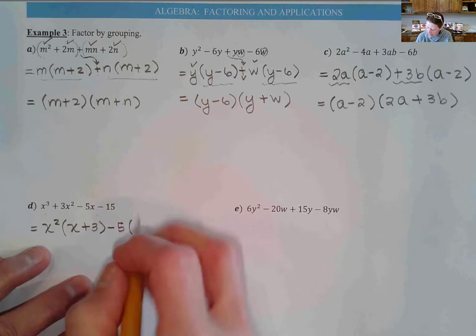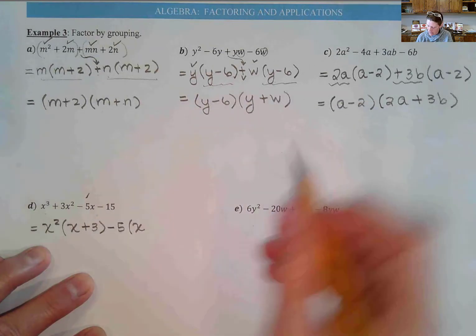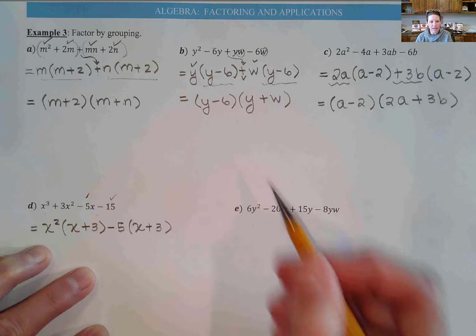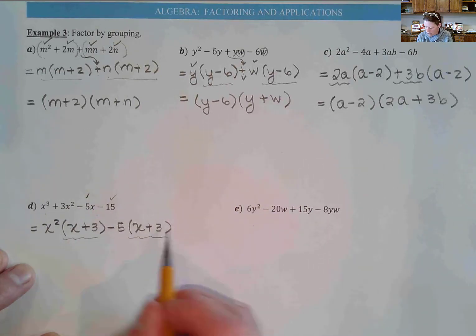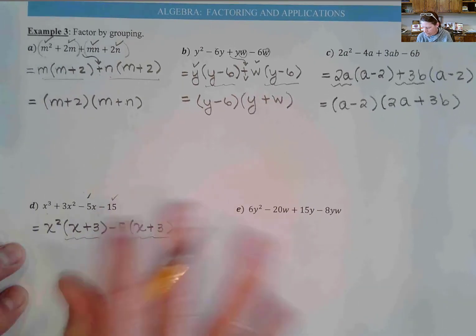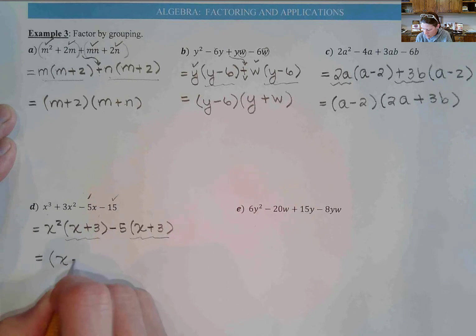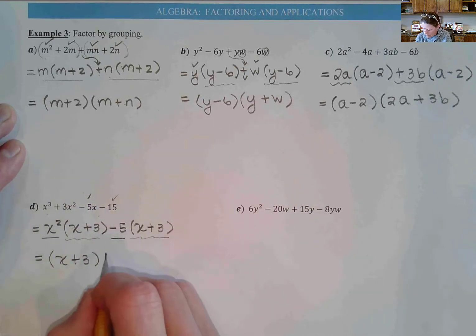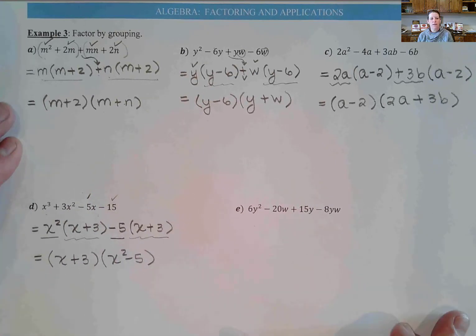Because negative 5 times x gives negative 5x, and negative 5 times positive 3 gives that negative 15. And this allows us to repeat that common factor x plus 3. Continue factoring x plus 3 times x squared minus 5. And check by multiplying, okay?